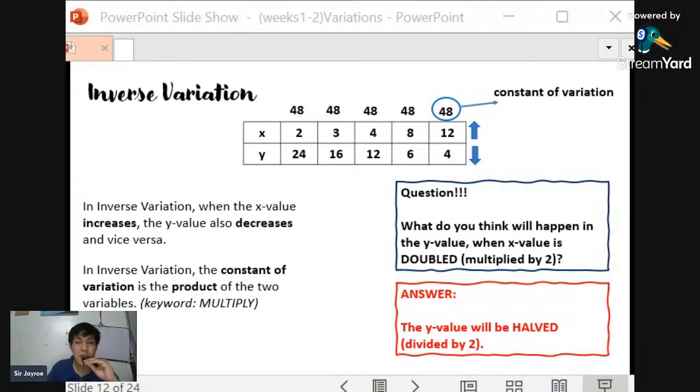So what will happen in the y value when the x value is increased by 20%? O yan, gumamit na ako ng word na increase. Increase by 20%. Pwede na kayong gumamit ngayon ng decrease kasi gumamit na ako ng increase eh. In inverse variation, what do you think will happen in the y value when x value is increased by 20%?